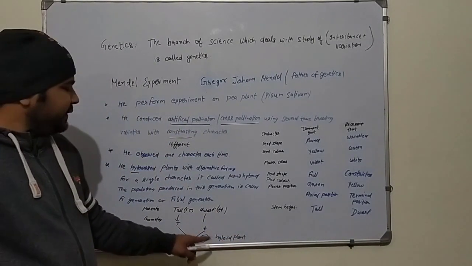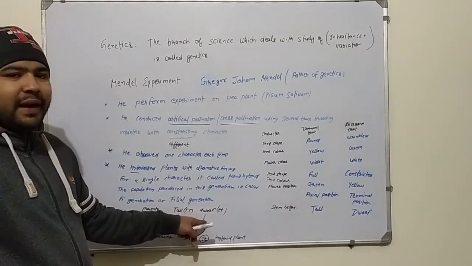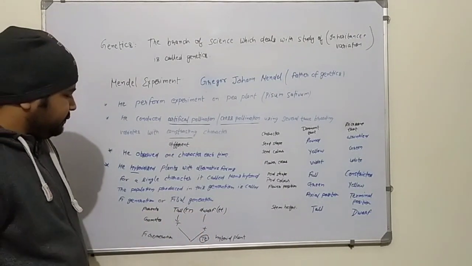It has characters of both alternative forms. Mendel then self-pollinates plants of the F1 generation, and the generation which is produced after that is called F2 generation or filial 2 generation.